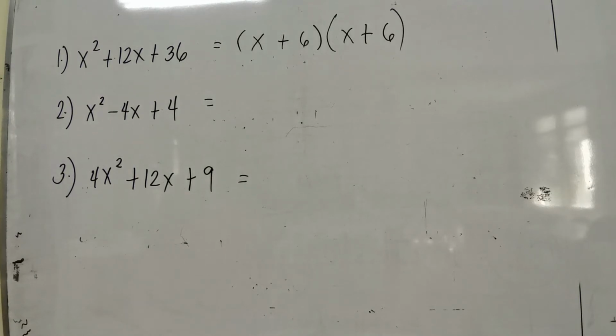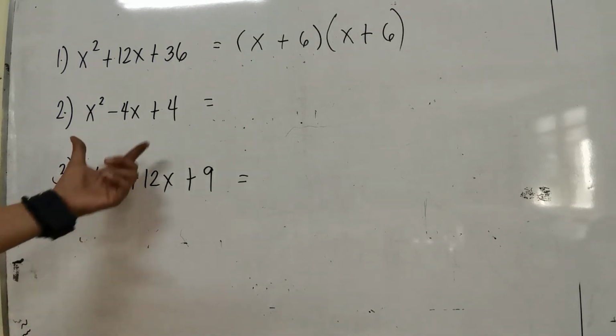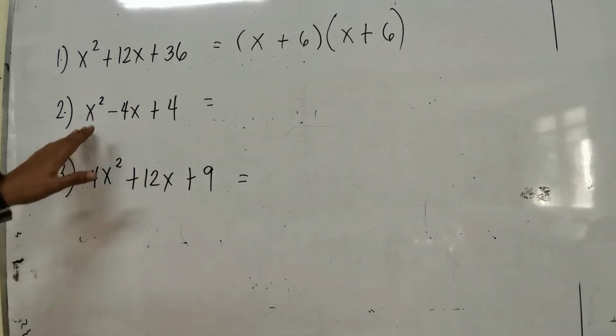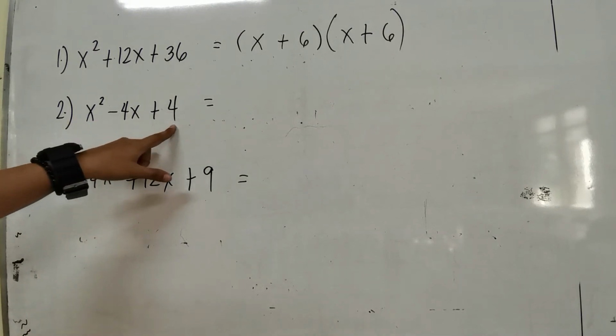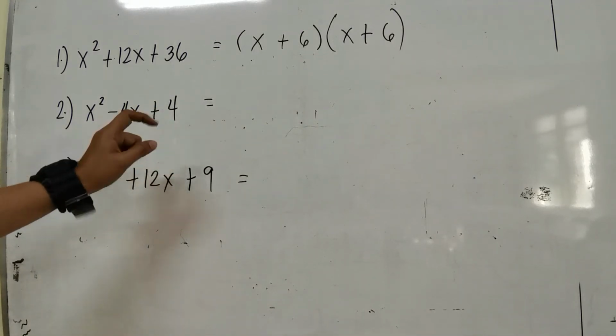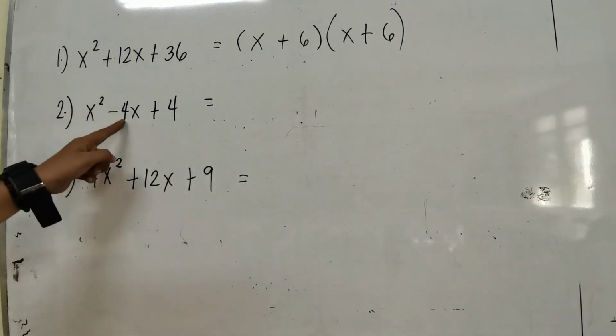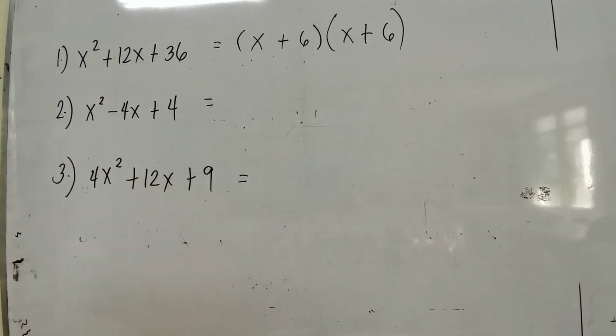Okay, next. For number 2, check ulit natin para masanay kayo how to check kung siya ba ay perfect square. Okay, so meron tayong square root ng x squared at saka 4. Then, ang square root ng x squared ay x. Ito naman ay 2. So, that is 2x. Then, itwice natin siya. So, we have 4x.